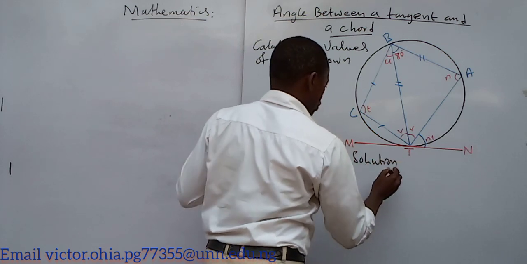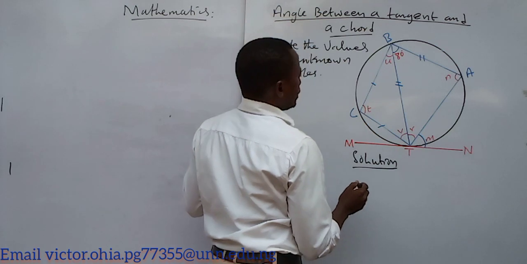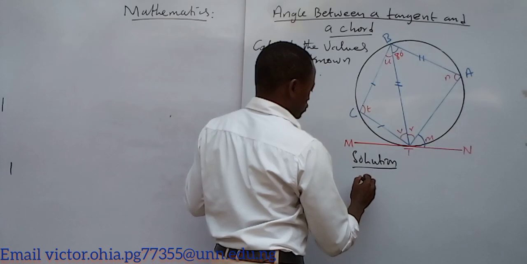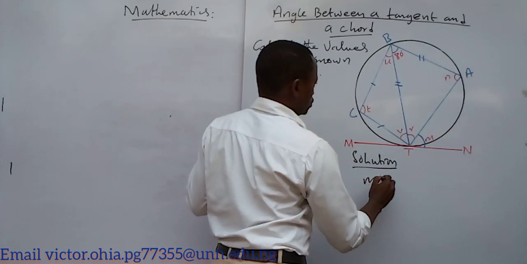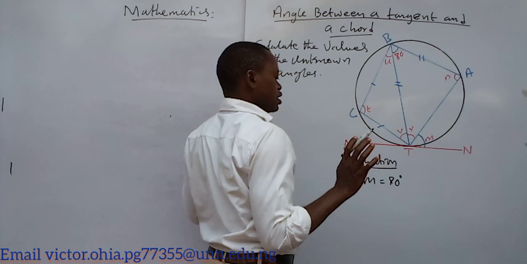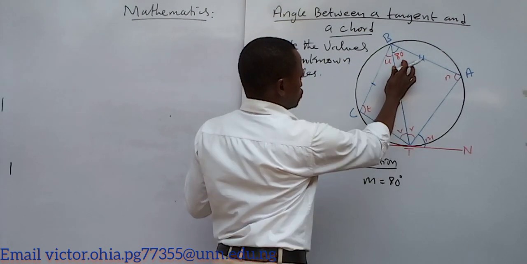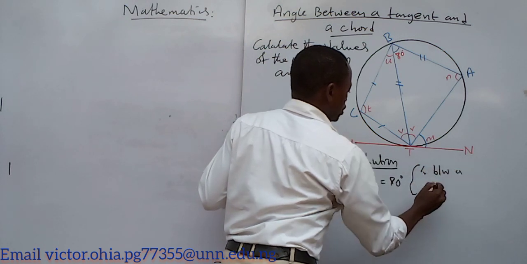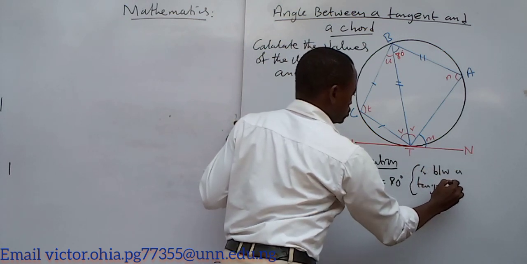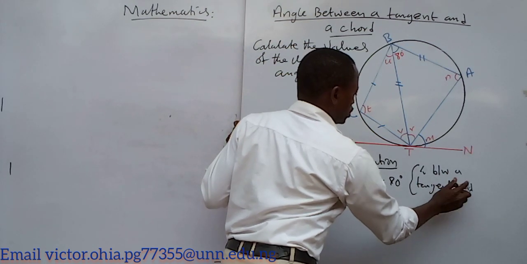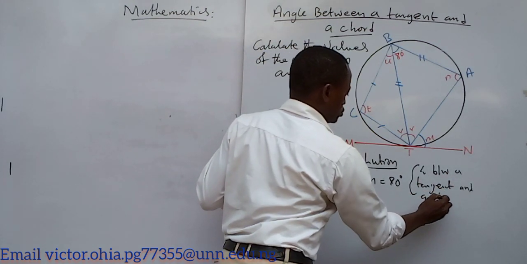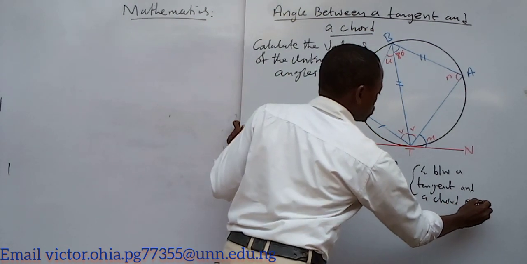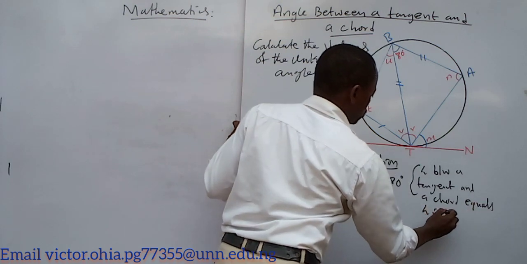Solution. So I can say, straight to the point, M is equal to 80 degrees, and I will back it up by angle between a tangent and a chord equals angle in alternate segment.